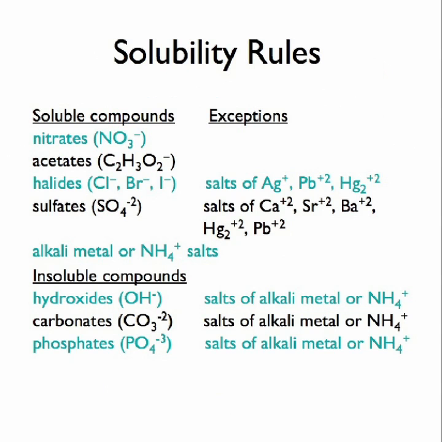All sulfates are soluble except for calcium, strontium, barium, mercury 1, and lead 2. All alkali metal or ammonium ion salts are soluble. And then we have a class that are mostly insoluble. For the hydroxides, carbonates, and phosphates, all of these are insoluble except for the alkali metals or the ammonium ion.